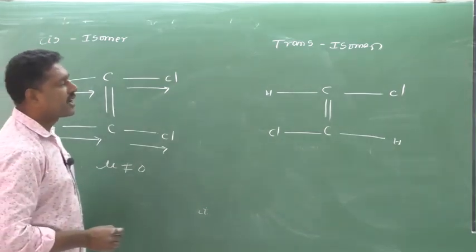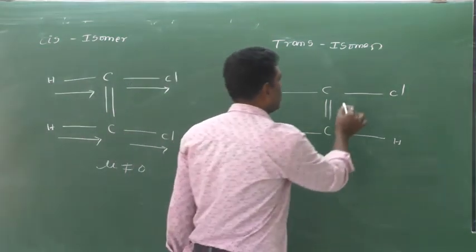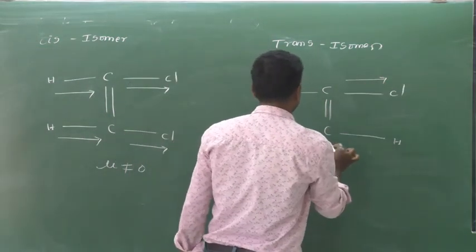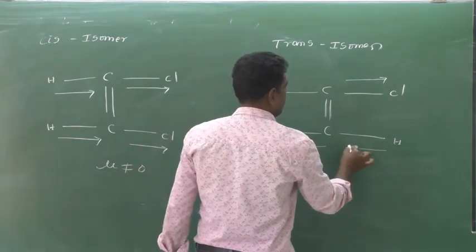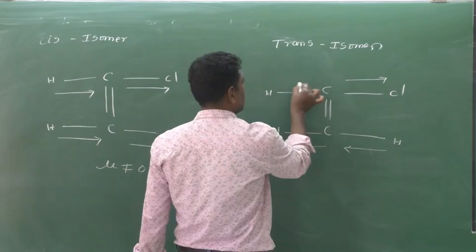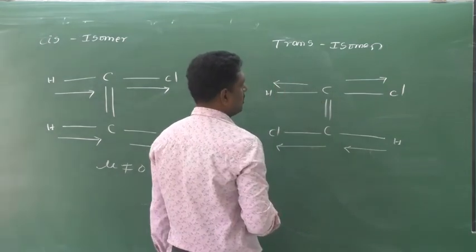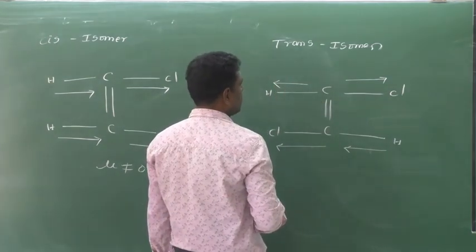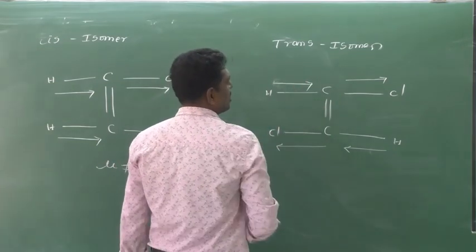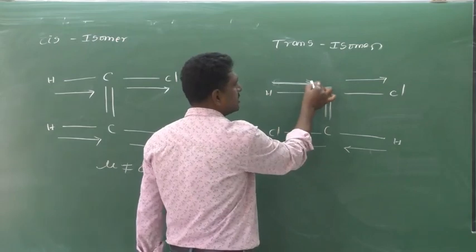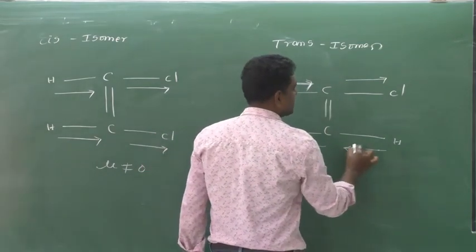But in the case of the trans isomer, here in this direction, in this direction, in this direction, in this direction. So two of them, this and this, get cancelled.